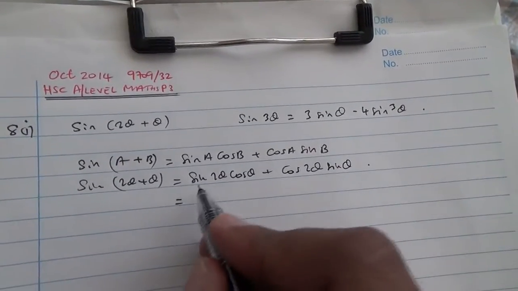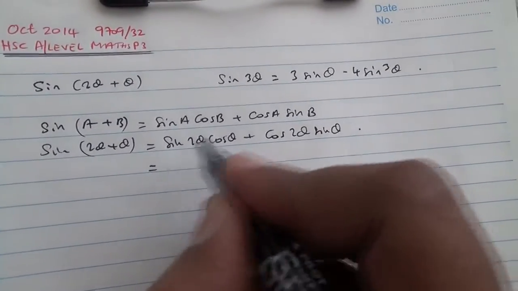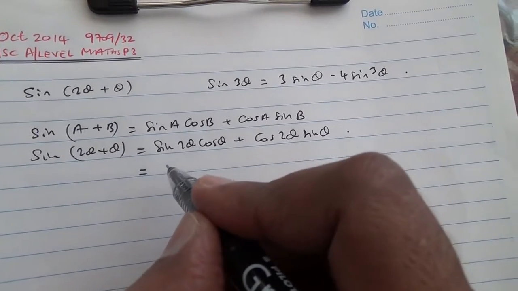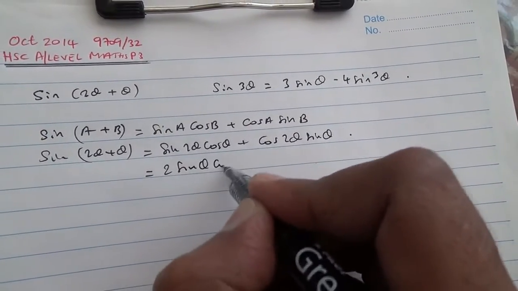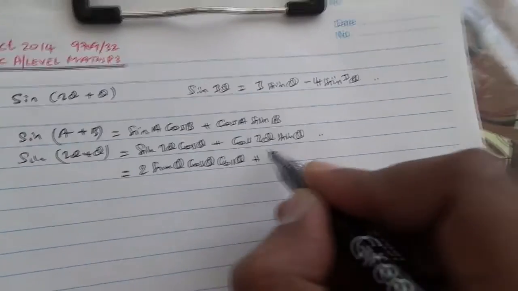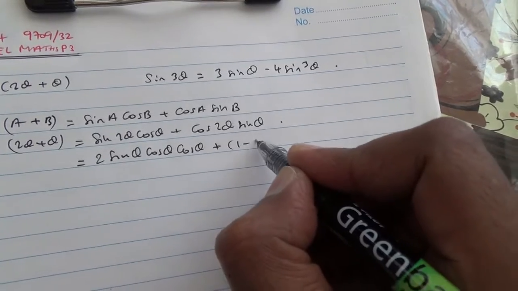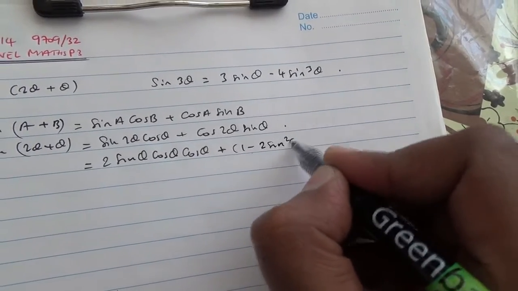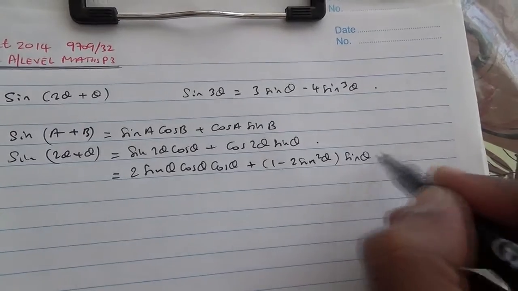What is sine 2 theta? I'm sure you should be very familiar with your trigonometrical identities. So that's going to be 2 sine theta cos theta multiplied by cos theta, plus cos of 2 theta, which is exactly the same as 1 minus 2 sine square theta, then times sine of theta.